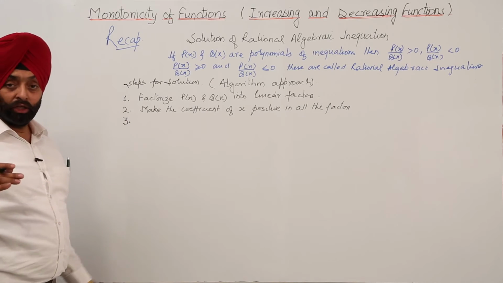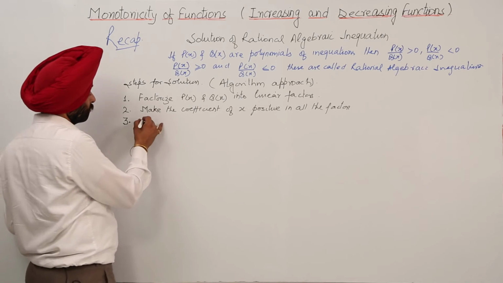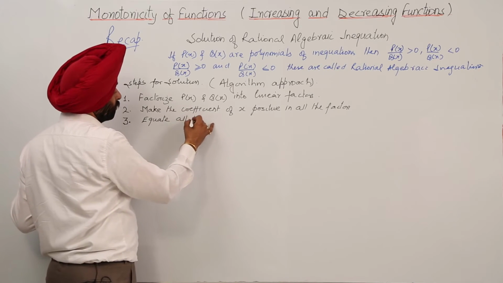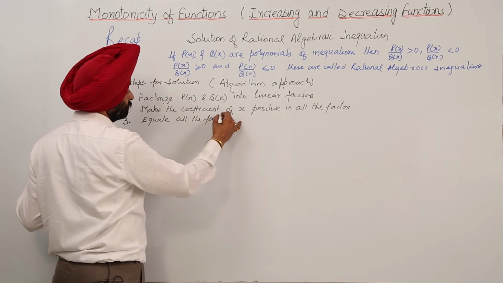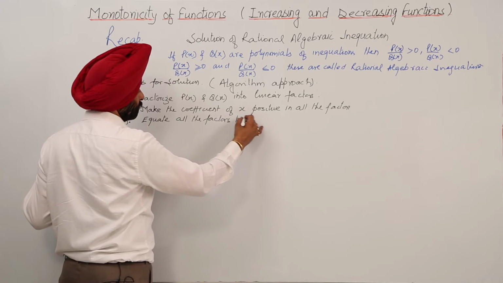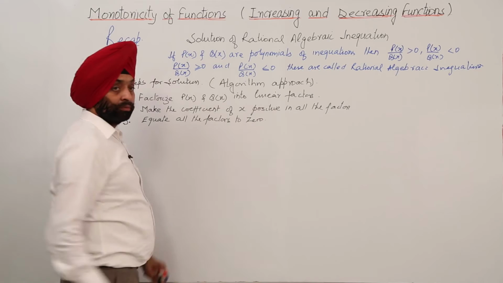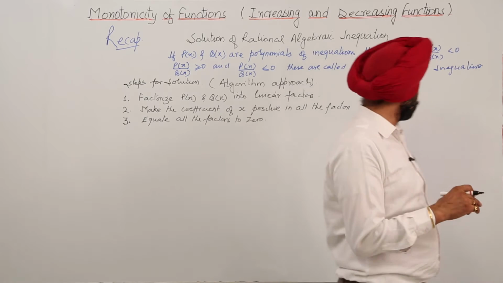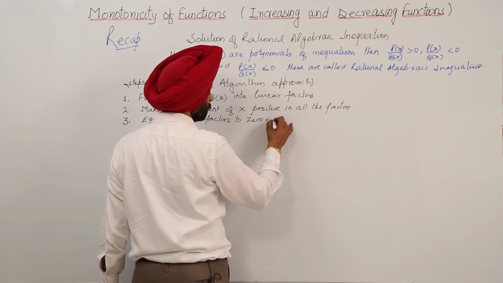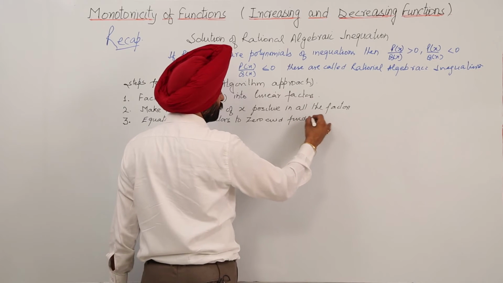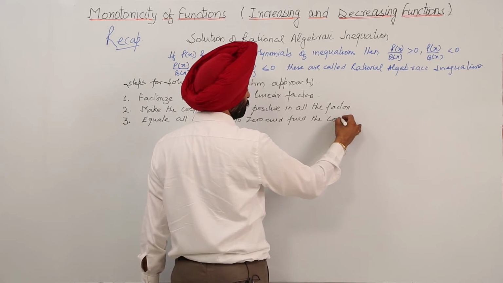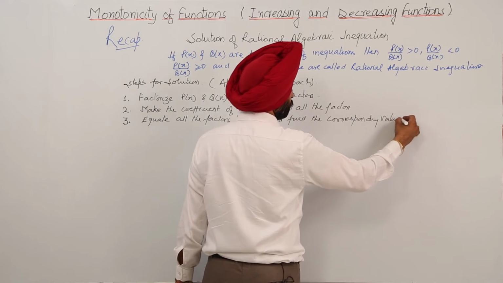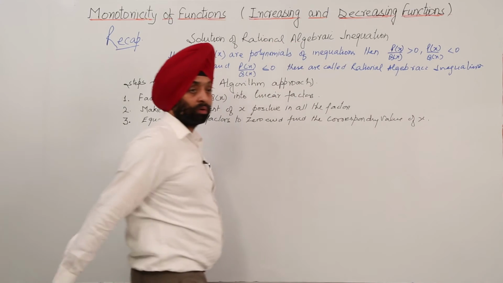Now number 3 is equate all the factors to 0 and find the corresponding value of x.